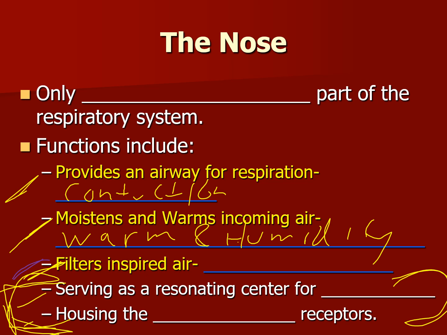All right, so the nose, it provides airway for respiration to conduct. It moistens and warms incoming air, and it filters inspired air. So this is saying it protects, right? It forms some way of protecting.